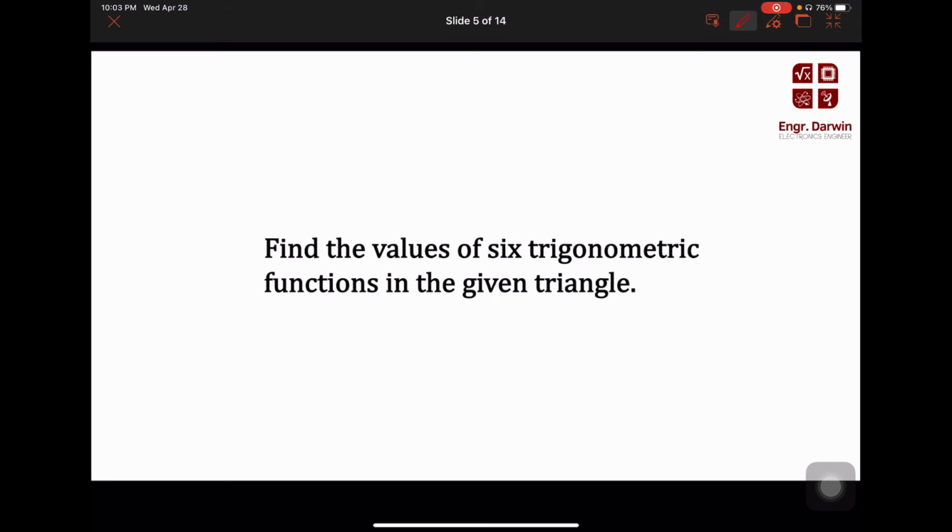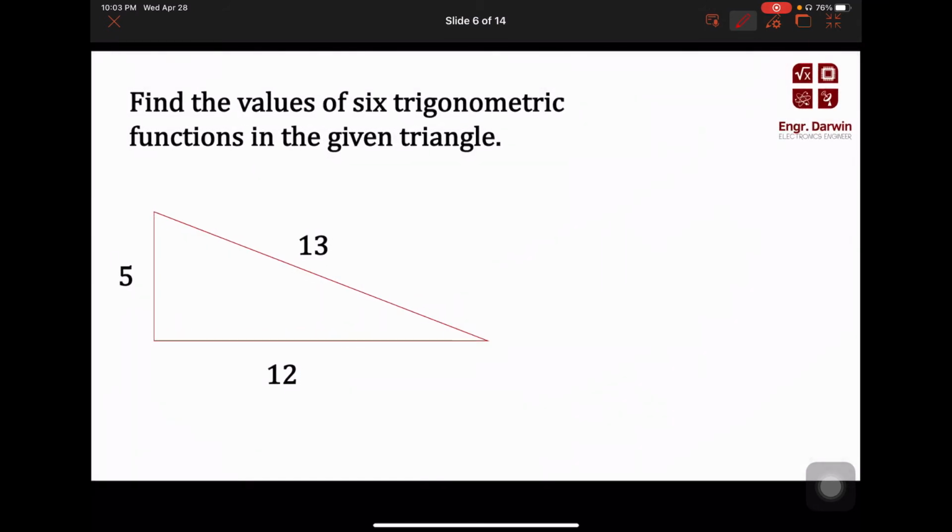So, para mas madali natin siyang ma-appreciate, ito yung problem natin na pwede natin gamitin yung mga trigonometric functions that we introduced a while ago. So, in this given problem, meron tayong right triangle na may mga sides na 5, 12, and 13.